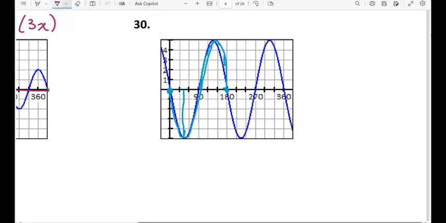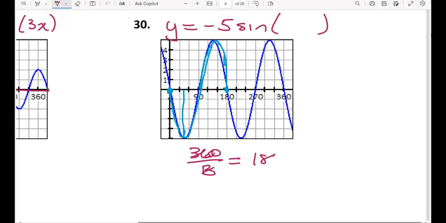So we know we're going to start with y is equal to negative 5 times the sine of, and now we have to account for the period. So 360 divided by the b value is equal to the period 180. That means that b must be 2. So this is y is equal to negative 5 times the sine of 2x.